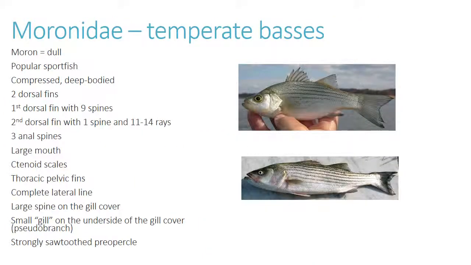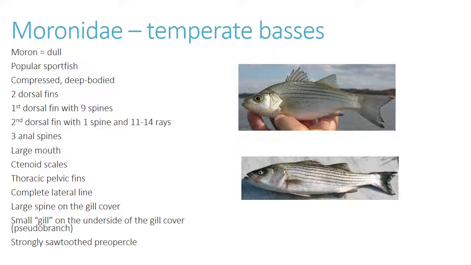Next family, I think this is my favorite family name, Moronidae, the temperate basses. The word part moron literally means dull, whether it's dull-witted or dull in color. These guys don't have a lot of color, right? They're just a dull, whitish gray color.